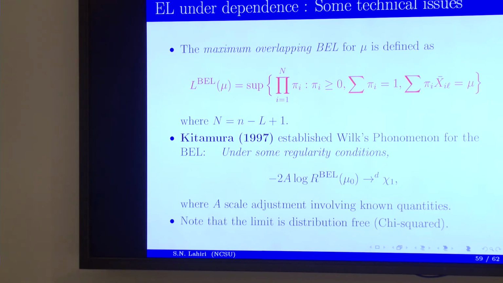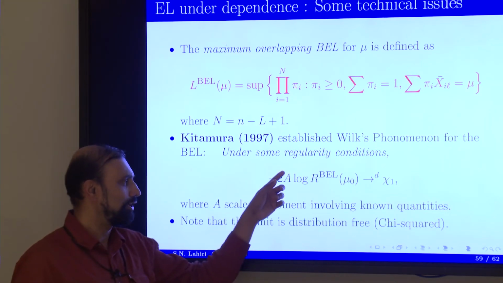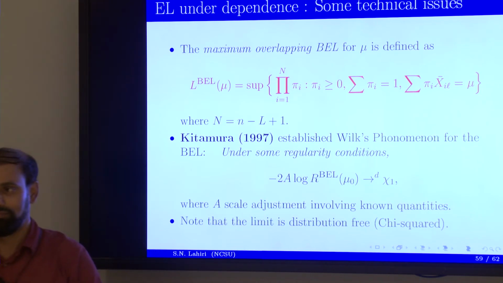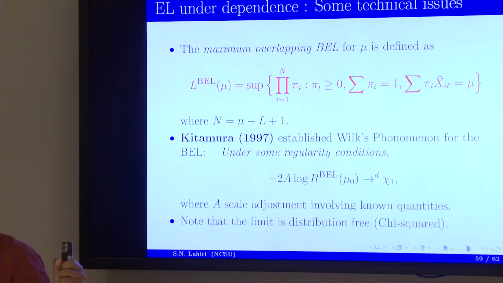And this scale adjustment is like 1 over L. L is the block length. So what is going on, when you looked at the empirical likelihood for the IID case, those observations were independent. When you're looking at this maximum overlapping version, any L of them are overlapping. So essentially you have very strong dependence there. And this L factor kind of takes care of that effect of dependence.